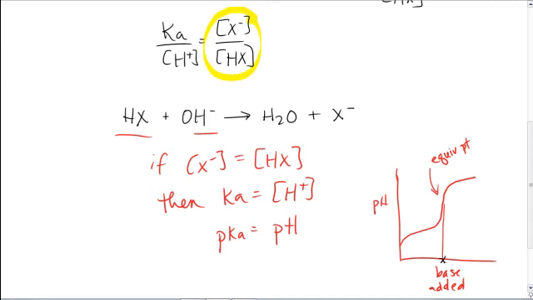So if I know it takes, I don't know, 10 milliliters of base, halfway there, 5 milliliters, would be this point, halfway to the equivalence point, we would have a case where the concentration of HX and X- will be equal. In which case, halfway to the equivalence point, the Ka is equal to the hydrogen ion, and the pKa is equal to the pH. We're going to be using that on Monday. That's where we're headed. Okay?